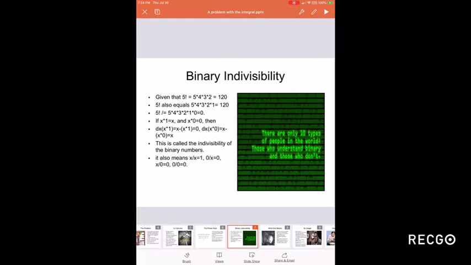This is called the binary indivisibility of binary numbers. It also means that x over x equals 1, 0 over x equals 0, x over 0 equals 0, 0 over 0 equals 0. Also, please tell me who wrote this joke, because I can't find who wrote it.